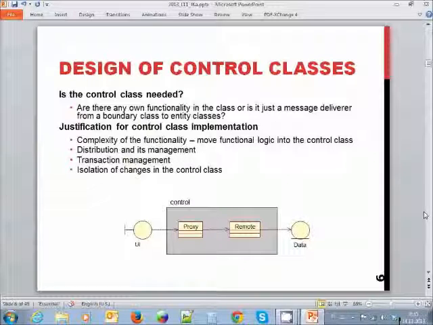So the control class usually is more or less a system or environment itself.